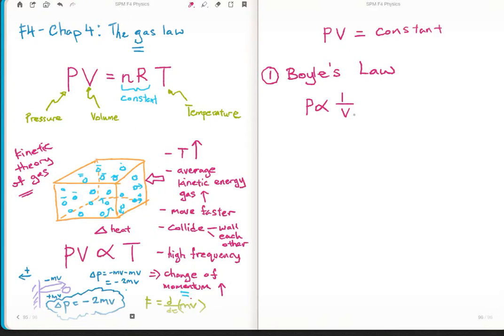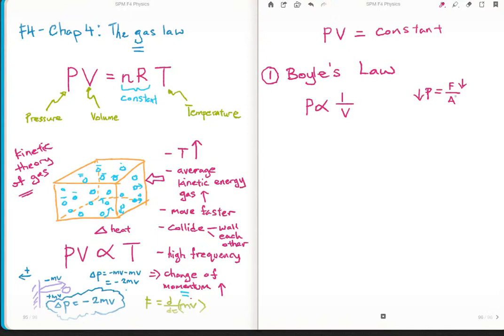So, what happened when volume increases? The frequency of collision reduces. Therefore, the change of momentum reduces, and therefore the force reduces. And the force reduces, therefore the pressure also reduces, because pressure is equivalent to force per unit area. When the force decreases, pressure decreases.